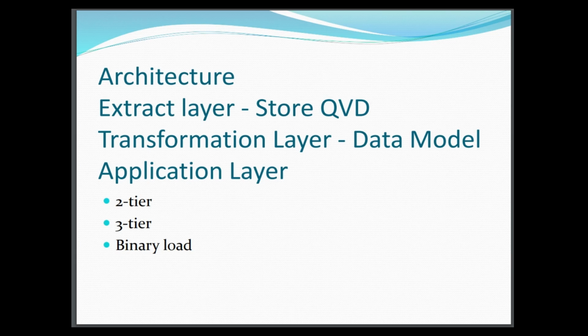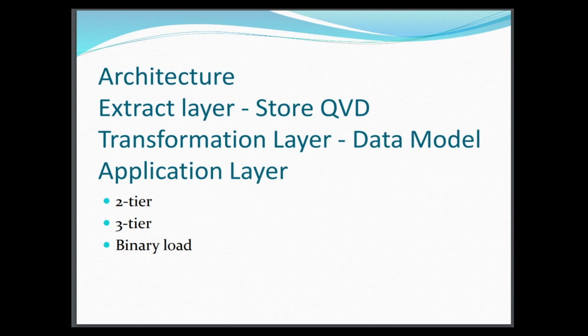With the help of binary load, you can pass the data from the transformation layer to the application layer. It acts as a mask in between. It will totally isolate or mask what type of transformation is done in the transformation layer. So the application layer will not have any code. It will have just a single line, binary load, that's it.